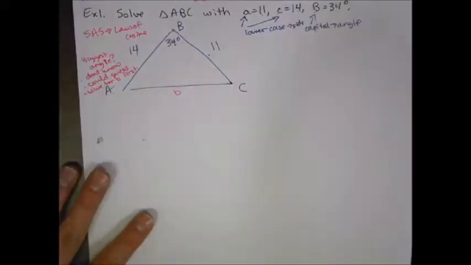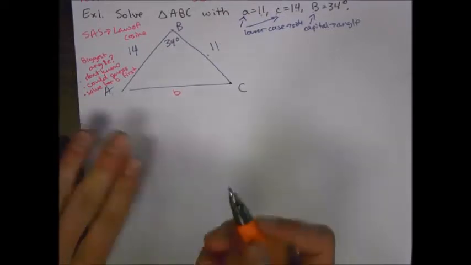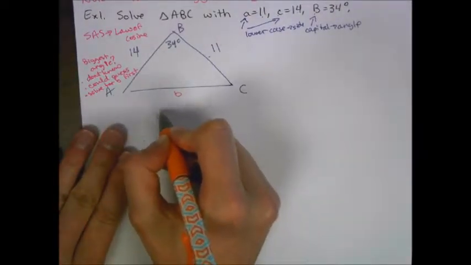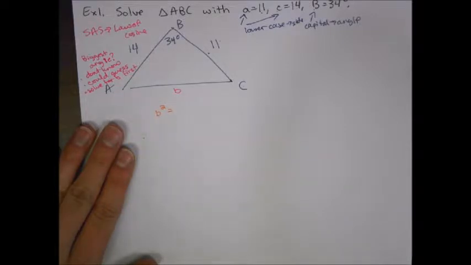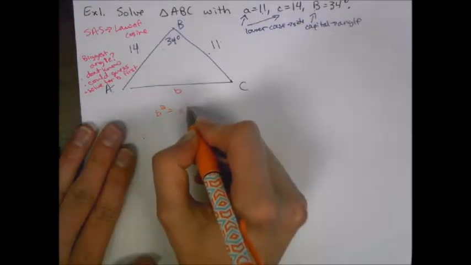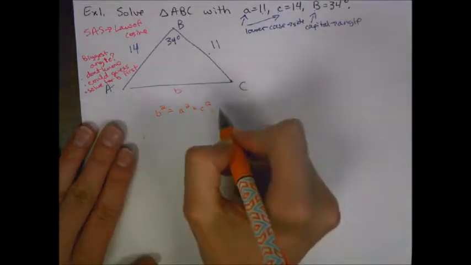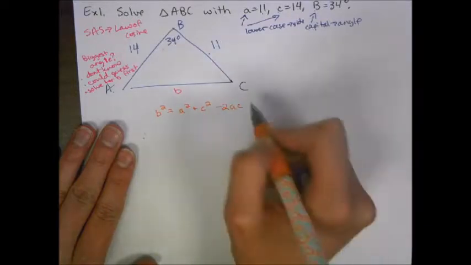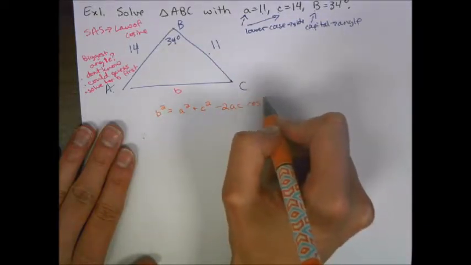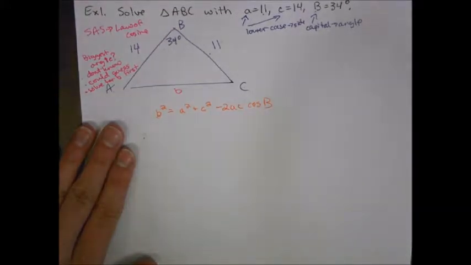Okay, so if we're solving for side b, what formula do we want to use? Well, we want to use the b squared one. So what does b squared equal? We know that we add the other two letters squared. Then we subtract 2 times these two letters. And then we have cosine of the letter on the other side of the equal sign.